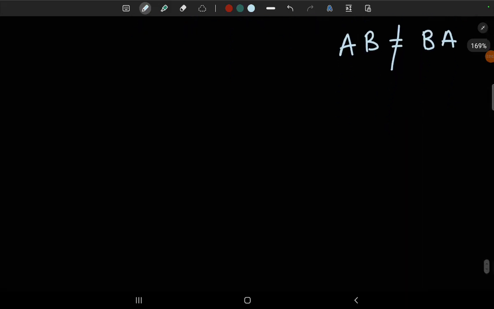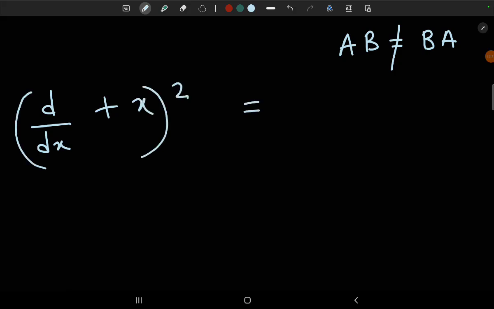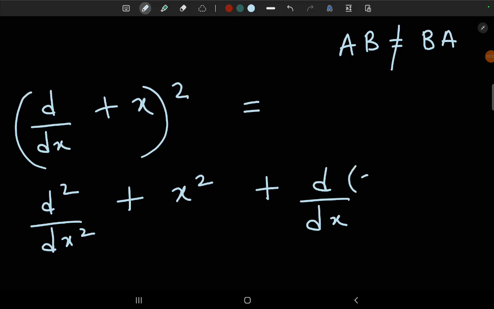So we had that example that we want to talk about, and if we have such an example, we will have x is equal to d2/dx2, first, the derivative operator squared, which would mean the double derivative operator, plus x squared, the scalar multiplier operator squared, and then we have d/dx on x operator, and we have x d/dx.